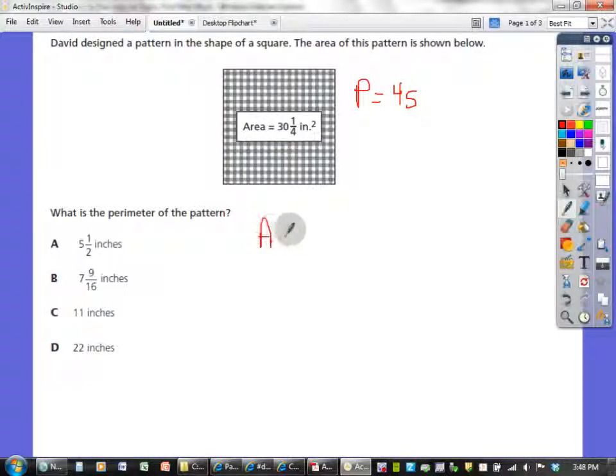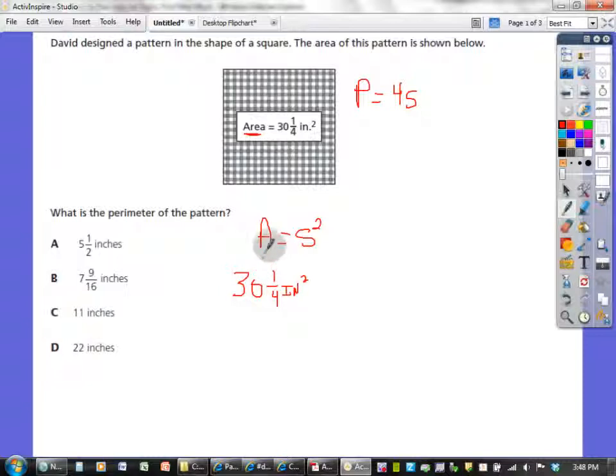The area of a square is side to the second power, because area is length times width, and in a square it would be the side times this side to find the total area. Well, the problem tells me what the area actually is. The area of this square, this pattern, is 30 and 1/4 inches squared.